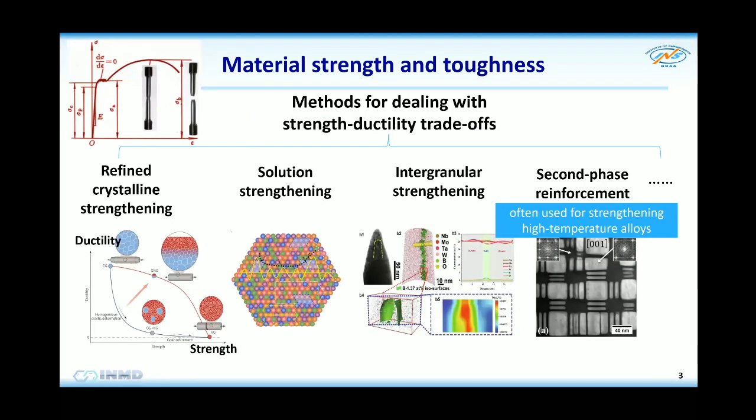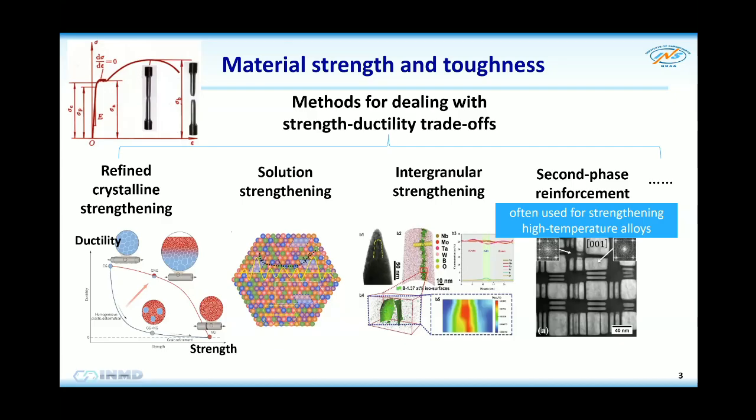We know our materials have strength and also toughness. There is a balance between the strength and the deformation ability. We need to refine the crystalline strengthening technology, and also solution strengthening at the atomic level, intergranular strengthening, and second phase refinement, especially at high temperature.